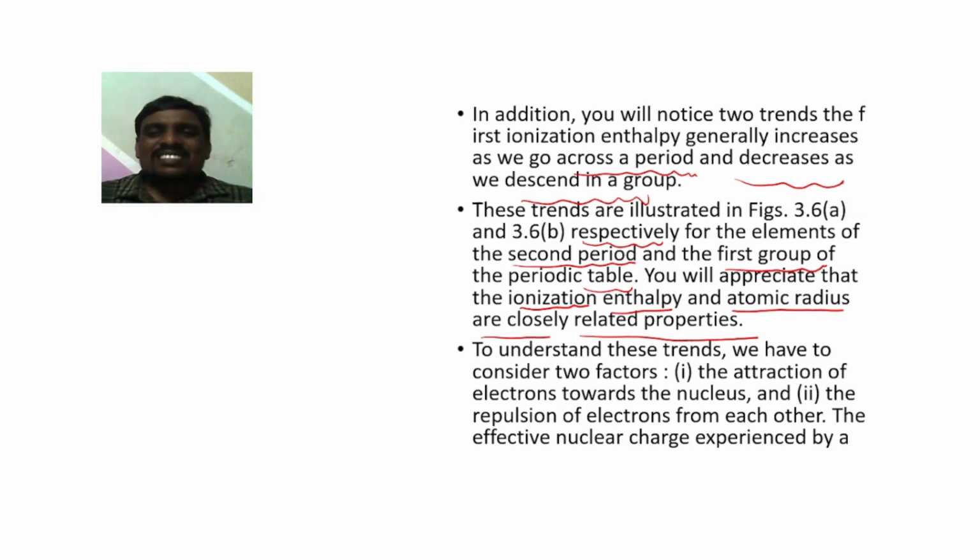To understand these trends, we have to consider two factors: the attraction of electrons towards the nucleus and the repulsion of the electrons from each other, and the effective nuclear charge experienced by a specific electron.